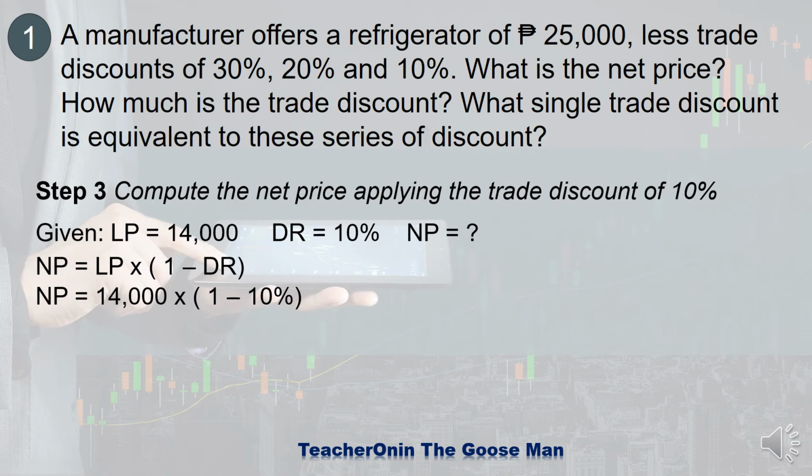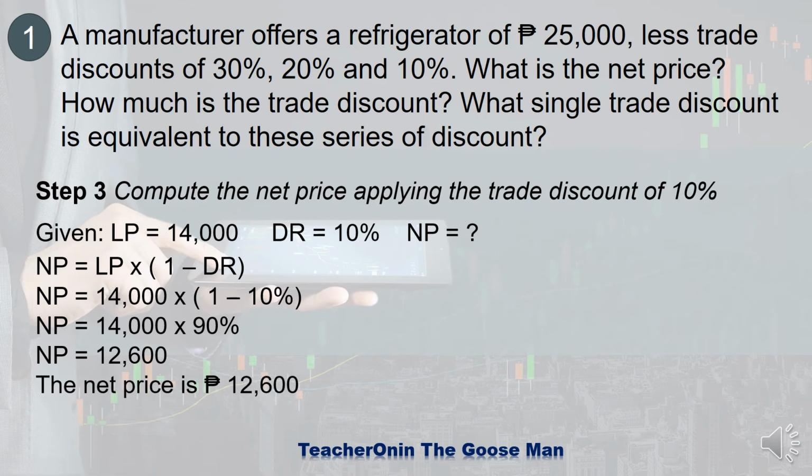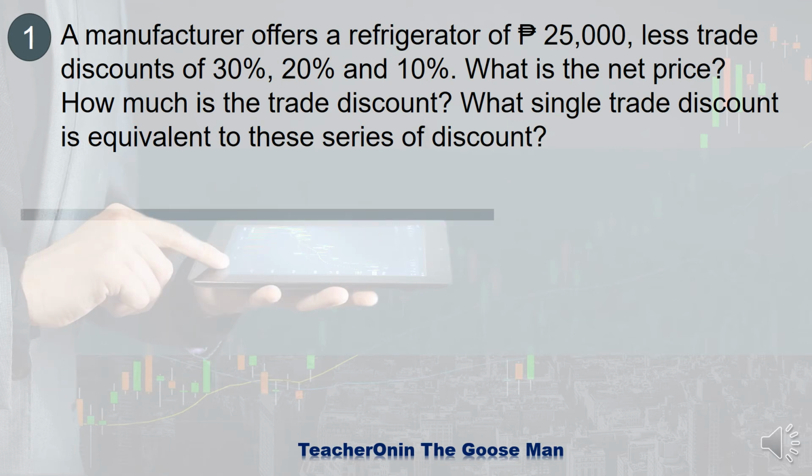So our list price now is 14,000 times 1 minus 10%. So we have 14,000 times 90%, or the net price is 12,600 pesos. So applying the 30%, 20%, and 10%, the net price of 25,000 pesos is now 12,600 pesos.